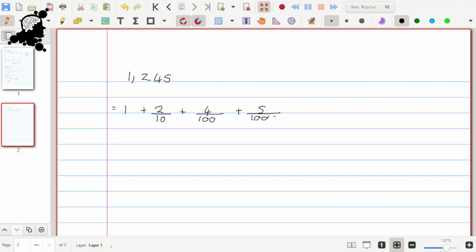This is supposed to be 5 over 1000. After pressing this on your scientific calculator, you will get something like 249 all over 200. Wonderful, brilliant. Life is great.